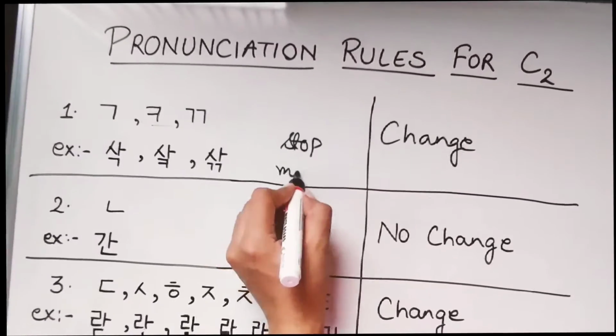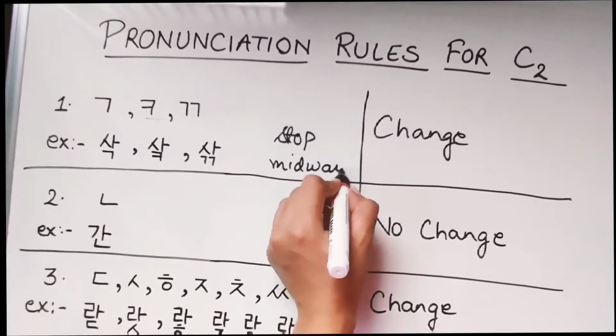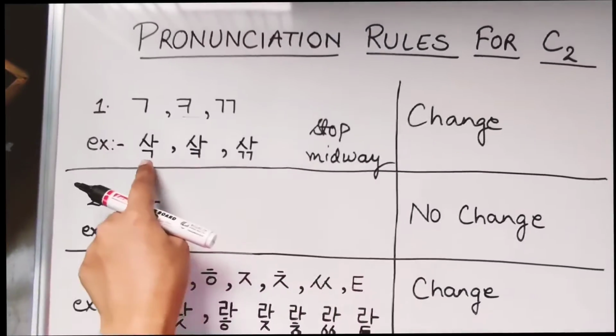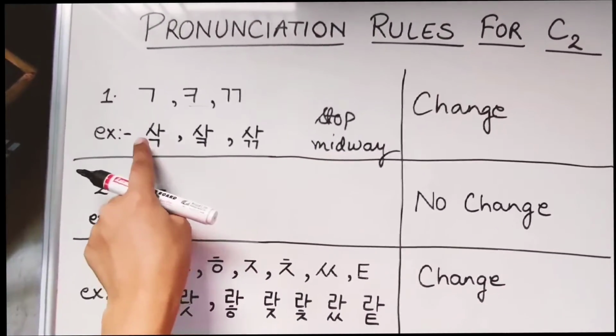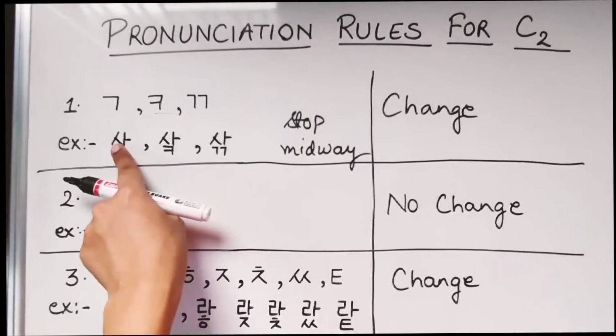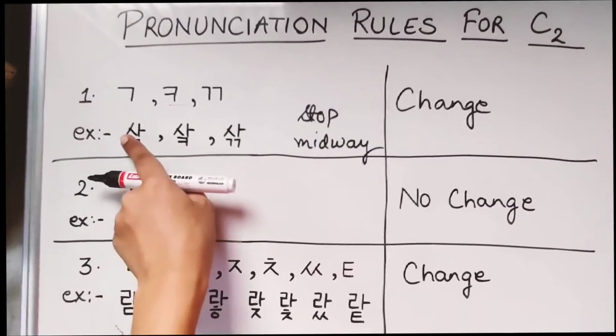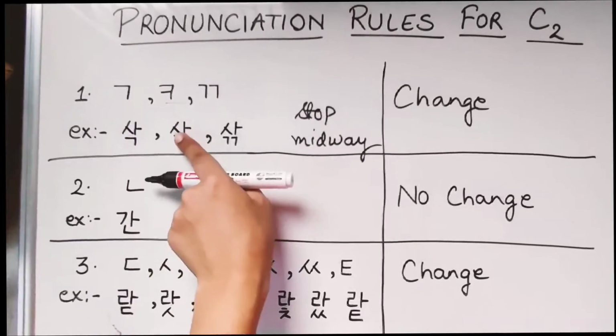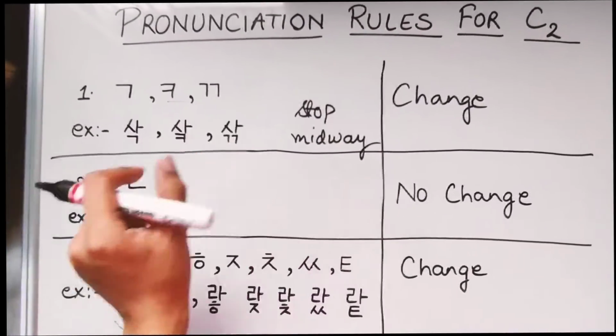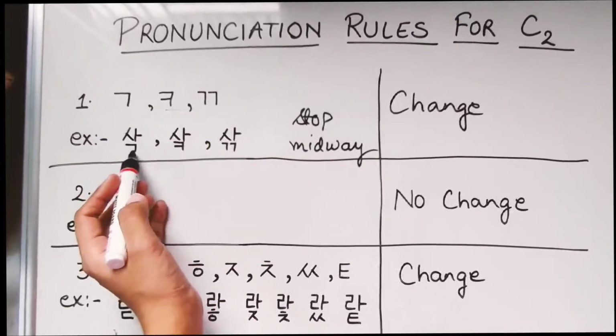Please understand that you have to stop midway when you pronounce K. You don't say K properly. If we remove the Gh consonant from the bottom of this syllable, we pronounce it as Sa. All the three examples are pronounced as Sa.